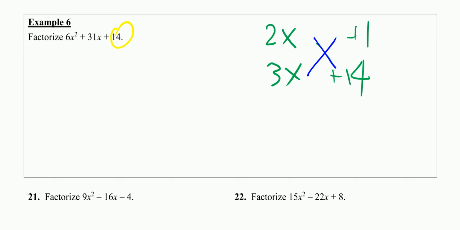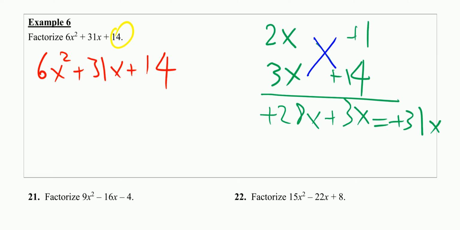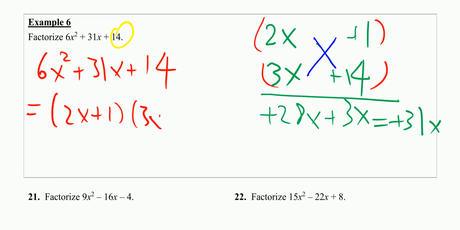So for this combination, 2x multiplied by 14, you can get positive 28. And for this, 3x, and you can get the answers. So let's just write in here and put these 2 brackets in here, and that is our answer.